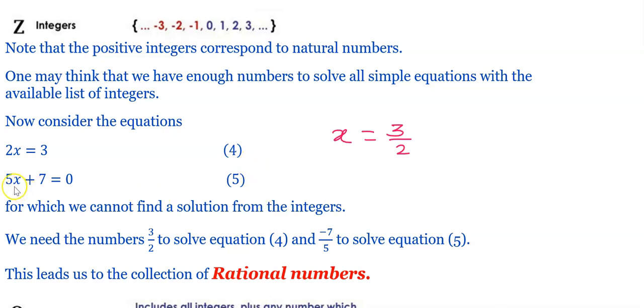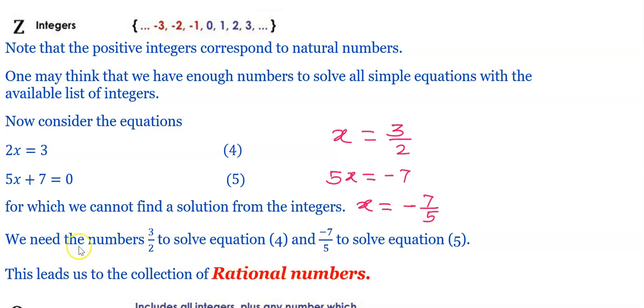And if I want to solve the next equation, I divide by 5 on both sides. First of all, shift the 7 to the right-hand side. Then you will get 5x = -7, and dividing by 5, you get -7/5.